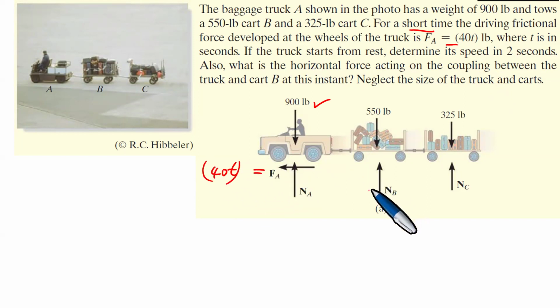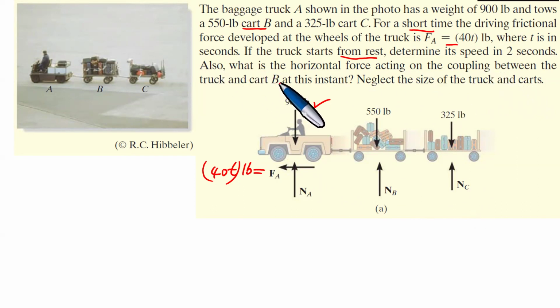Right, and this is actually the force, in pounds, where T is in seconds. Right, if the truck starts from rest, it begins from rest. There is the truck and it's dragging the two carts, cart B and cart C. Determine its speed in seconds.